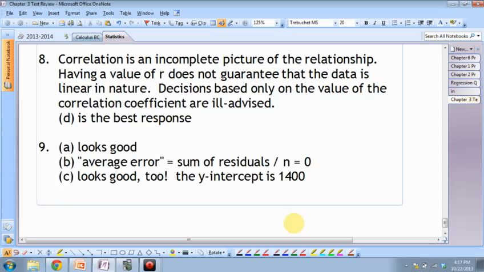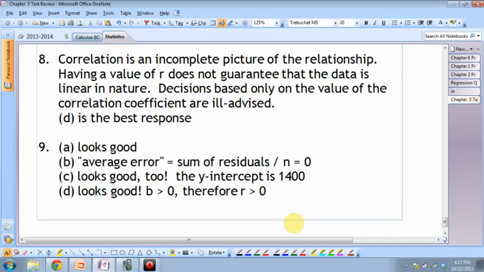D: Correlation is positive. This is good too, right? If b is greater than 0, then r is greater than 0. If b is less than 0, r is less than 0. That's true.